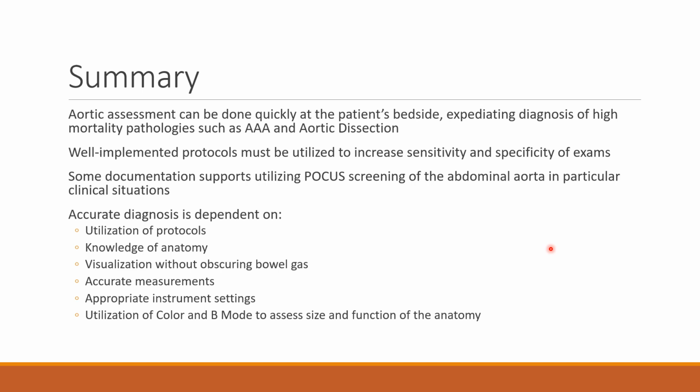Some documentation supports utilizing POCUS as a screening technique for the abdominal aorta, especially in patients that have a multitude of risk factors that we talked about. And then finally, some of those things that are really going to help us optimize our scanning would be utilization of the standard protocols, making sure you're assessing the entire aorta in transverse and the entire aorta in long, and taking your measurements accurately, utilizing those sensitive gain techniques.